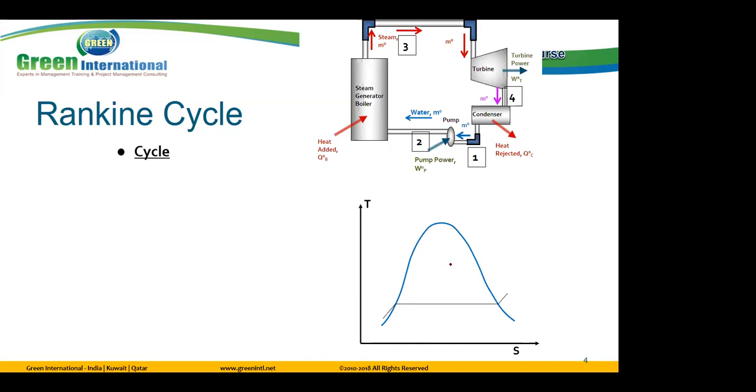At the beginning, we draw the two pressure lines: the low pressure line, which is the condenser, and the high pressure line, the high pressure side, which is the boiler. These are two lines, one for the boiler side, one for the condenser side. The condenser here is in the low pressure side, opposite to refrigeration, where it is in the high pressure side.